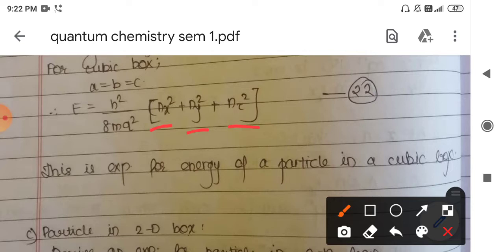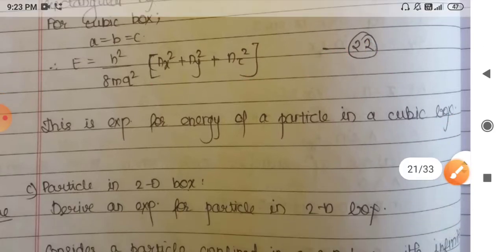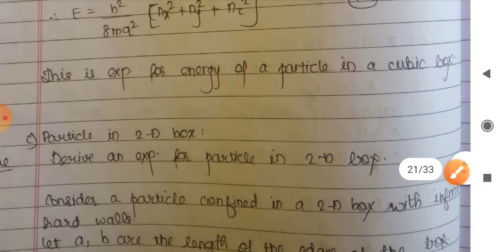So this can happen only if the principal quantum number values n are from 1 up to infinity, that is n is equal to 1, 2 and so on. So this is the energy equation for the three-dimensional box.